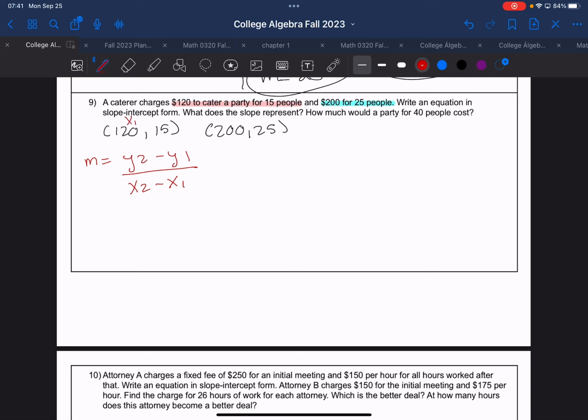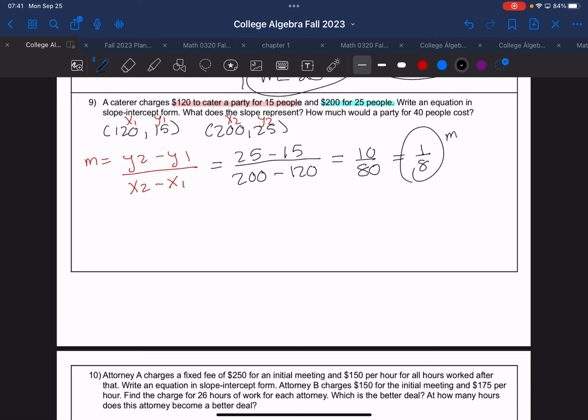And I would just label my points X1, Y1, X2, Y2. And then I'm going to plug in these numbers. So Y2 is 25 minus Y1, 15. X2, 200 minus X1, 120. So I get 10 over 80, which reduces to 1/8. This is our slope.